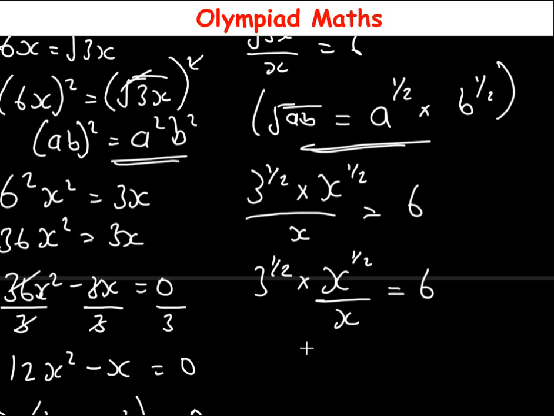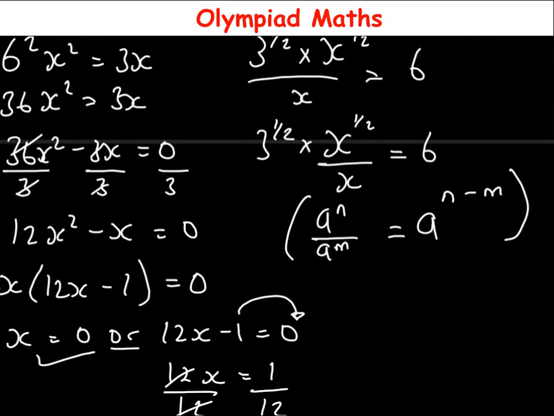Okay, now at this junction, if you have a power of n over a power of m, this is equal to a power of n minus m, this is the rule, right? So applying this rule to this, we have 3 power of half, then times x, we'll pick one of the base as x, then the power of x here is 1.